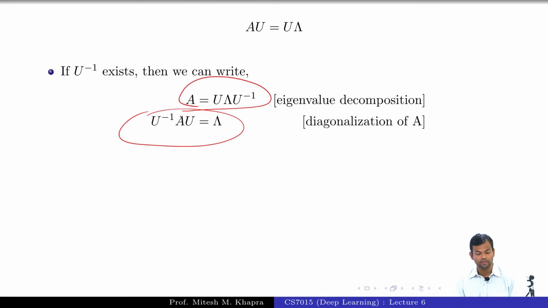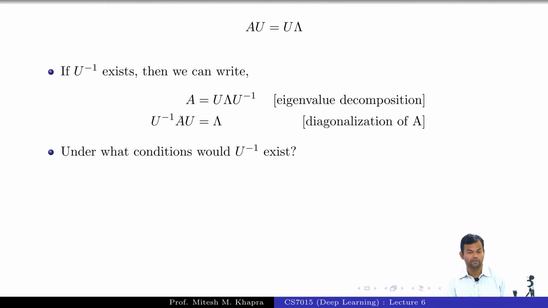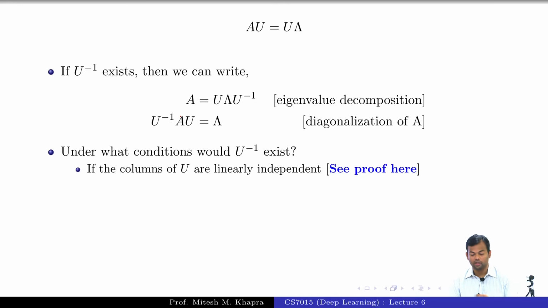Now the important question is, under what conditions would U inverse exist? U inverse would exist if the columns of the matrix U are linearly independent. Do we know the columns of the matrix are linearly independent? Yes, because it's a set of eigenvectors, and we already saw the proof that the eigenvectors are linearly independent.